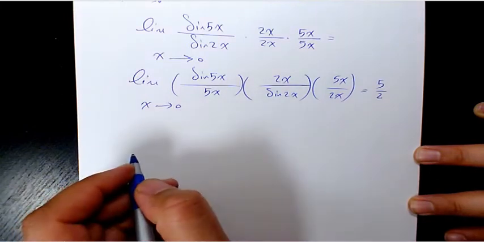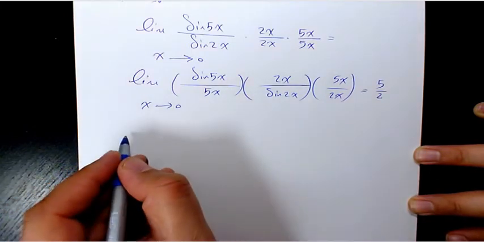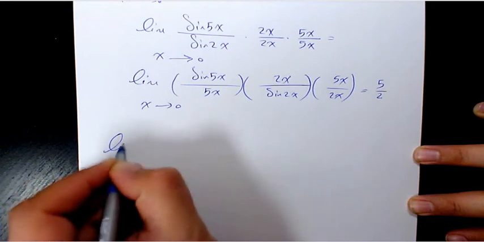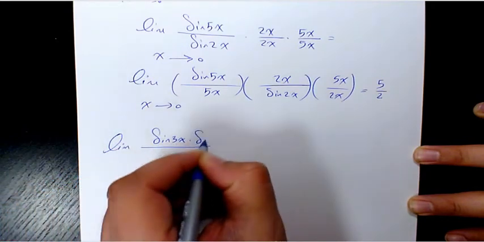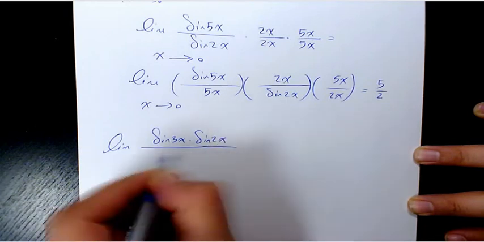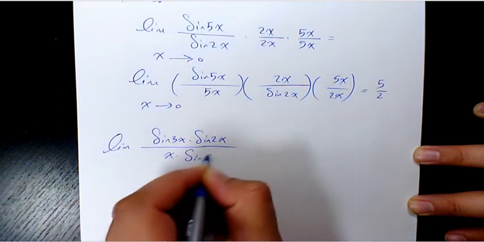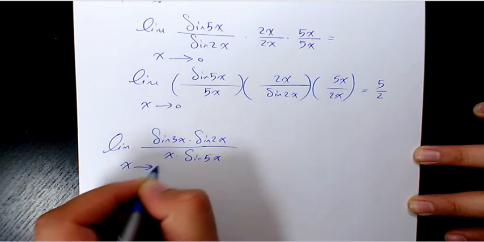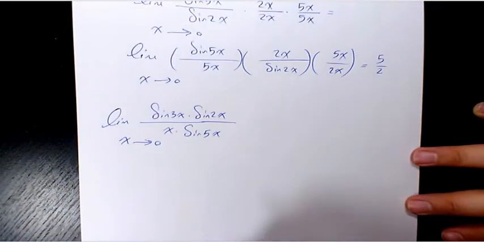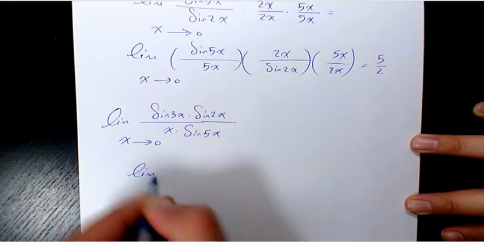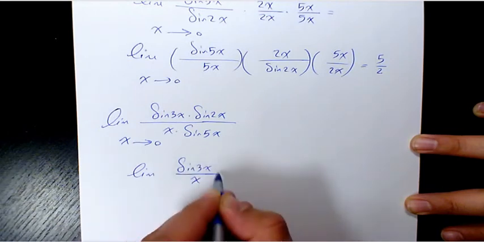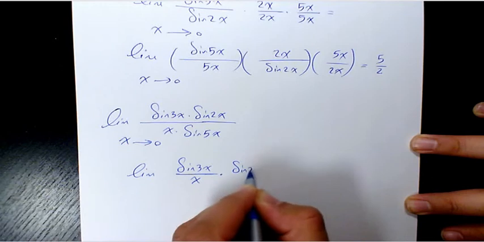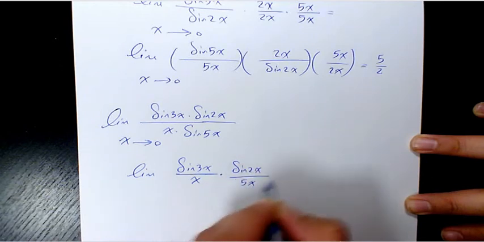Next one is going to be the limit of sine 3x times sine 2x over x times sine 5x when x is approaching 0. That's going to be the limit of sine 3x over x times sine 2x over 5x.